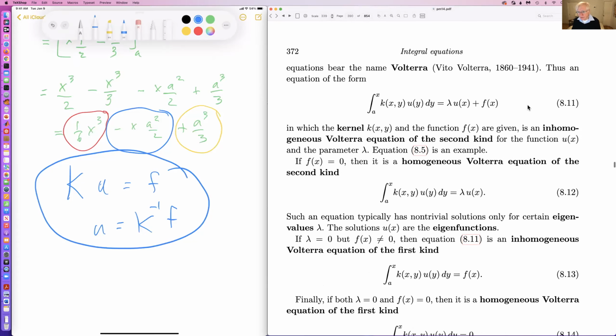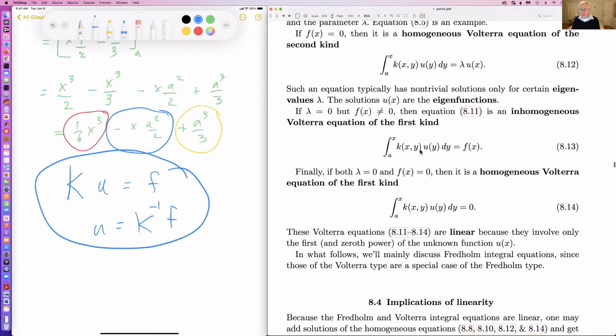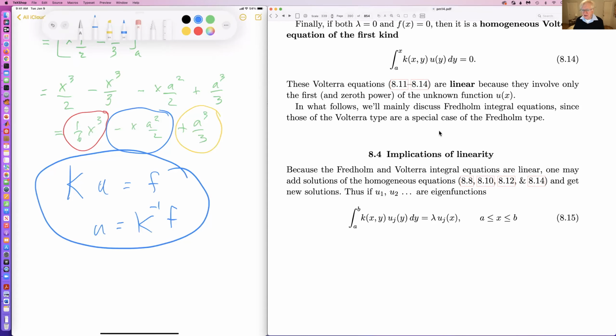And so this is an inhomogeneous Volterra equation of the second kind. This is a homogeneous Volterra equation of the second kind. This is an inhomogeneous Volterra equation of the first kind. And this is a homogeneous Volterra equation of the first kind. And they're all linear. And the Volterra type are basically a special case of the Fredholm type.